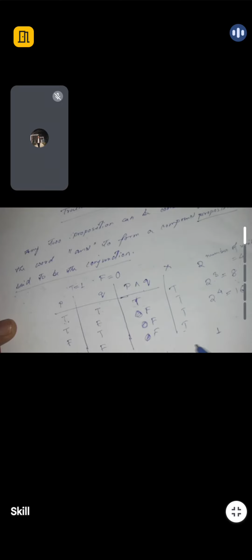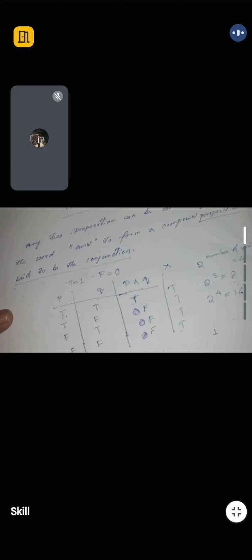If any one of them is wrong, then it is called contradiction. This is fine, but we are explaining through a truth table, so I will tell you one example.